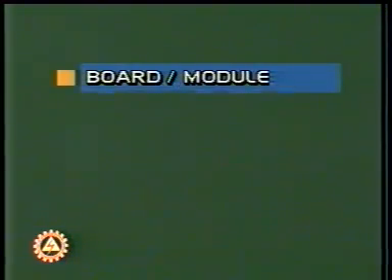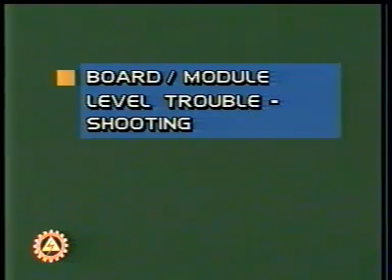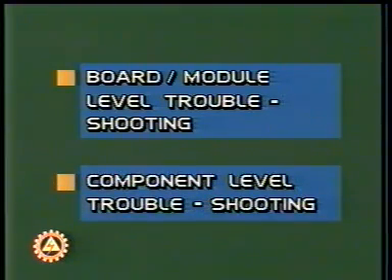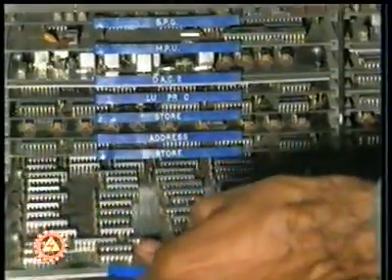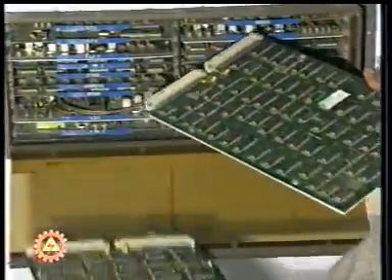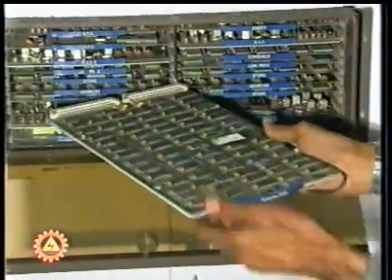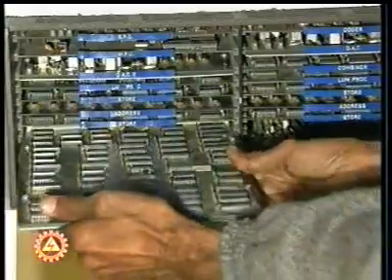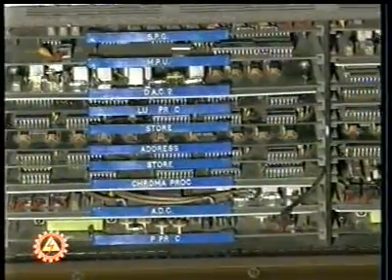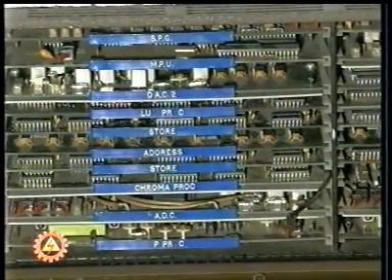After locating the fault, it is rectified by either of the two methods: board or module level troubleshooting, and component level troubleshooting. In board level method, a faulty board is replaced by a good one. It is the most commonly used method of repair in the field, since it requires very little time.